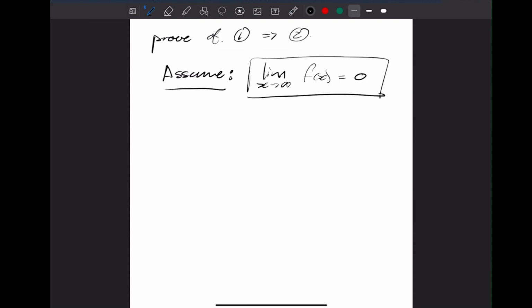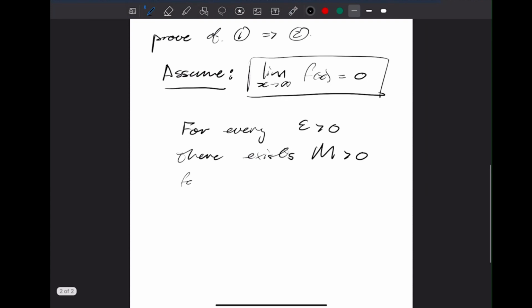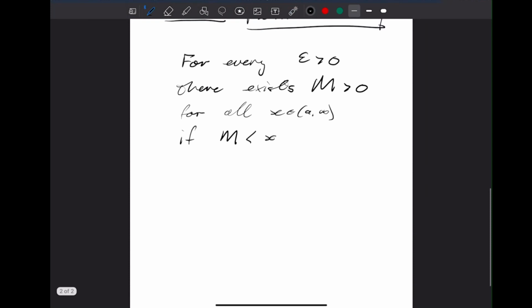This means for every epsilon greater than 0, there exists an m greater than 0, so that for all x in the domain of the function, if x is bigger than m, then absolute value of f of x minus 0 is less than epsilon.